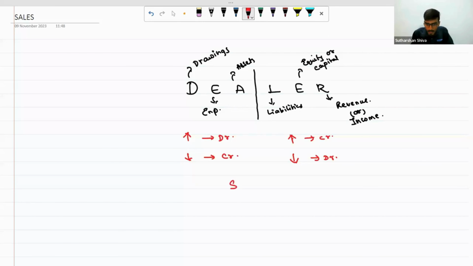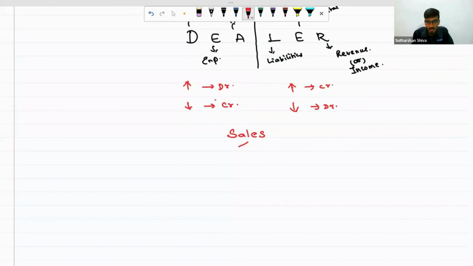So we will take an example of sales. Sales can be done in two ways, as we have already discussed. One is on credit, one is on cash. Suppose it is on cash, what is the cash sales journal entry?